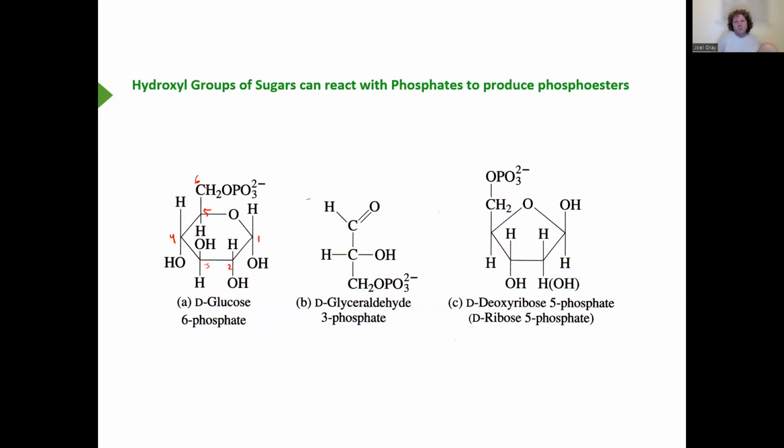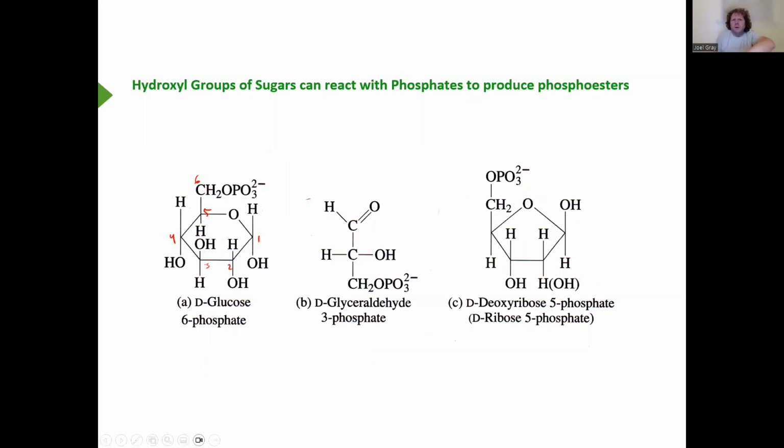Carbon number 1 is an anomeric carbon. Our hydroxide group is pointing downward. Carbon number 2, the hydroxide group is pointing downward. 2, 3, and 4 are the ones that ultimately are going to give us some indication of what type of sugar we're dealing with.